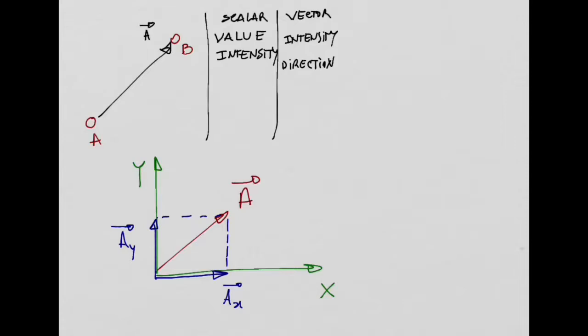Okay, so one more thing we need to understand is that these coordinate axes, x and y, are also vectors, right? So in order to define the direction of these vectors, we usually use a unit vector.